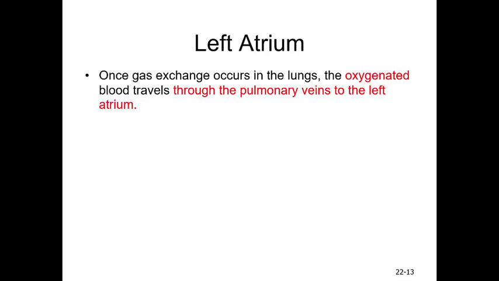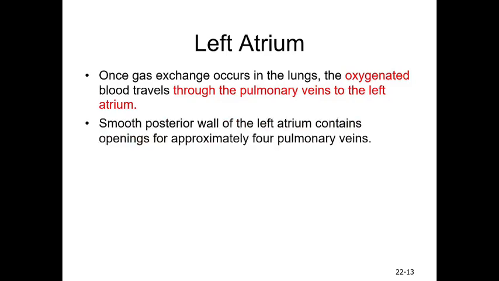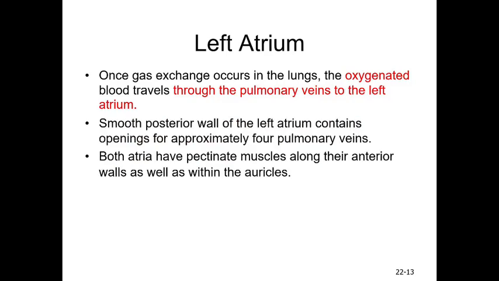Now, when it goes back to the heart, that blood is going to enter into the other entrance to the heart, the left atrium. And this blood, everything on the left side, is going to be oxygenated blood. That is, it's going to be red in color. It's going to come in from those pulmonary veins and enter into the left atrium.